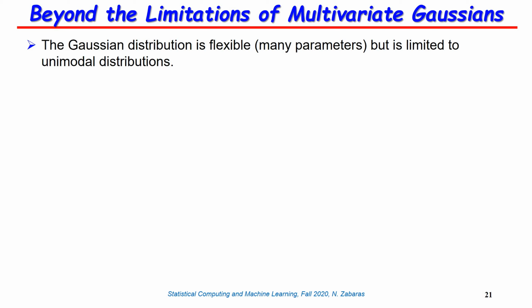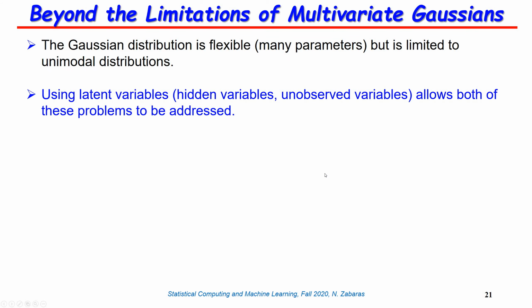For example, you can use a mixture of Gaussians, and that will allow you to represent any distribution with as many modes as you are interested in. So many of the extensions of the Gaussian to address the limitations use latent variables or hidden variables and allow many of the issues to be resolved.